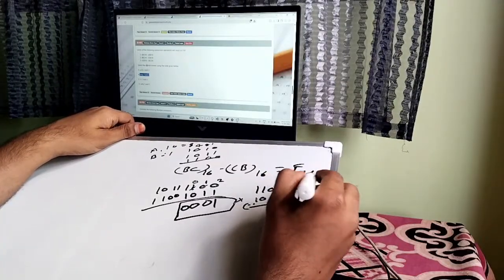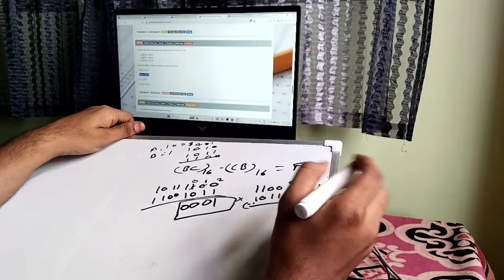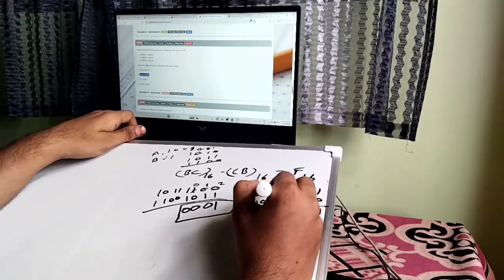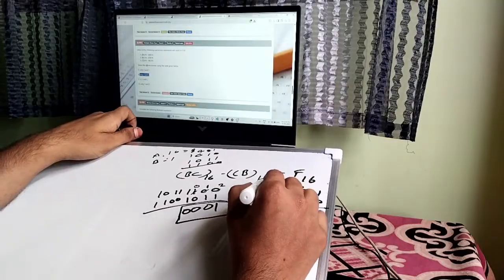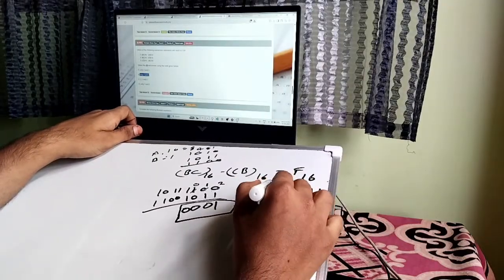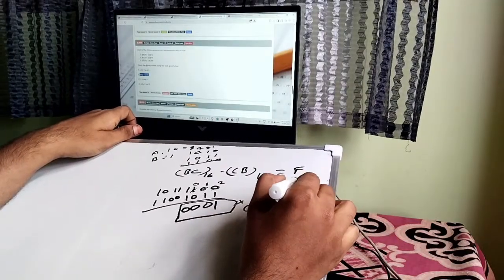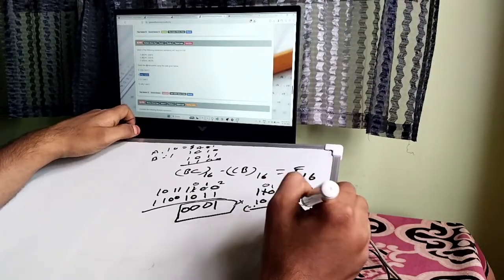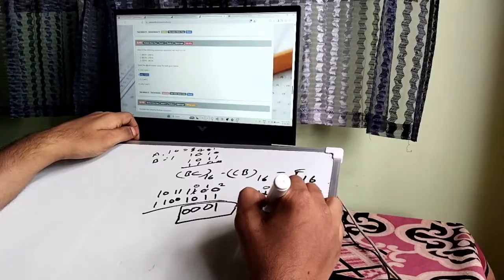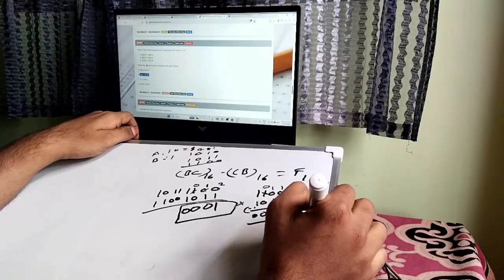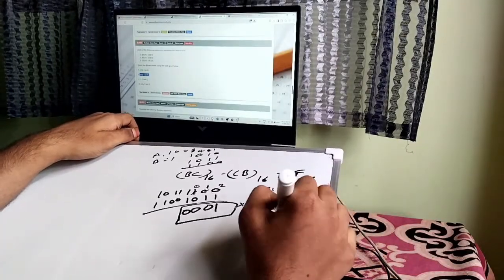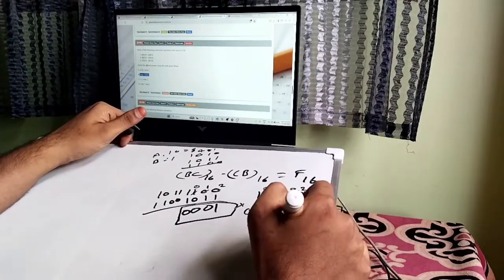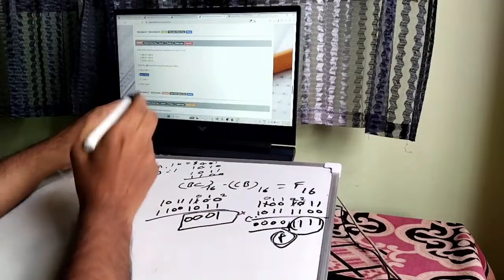It will become 0 here and 2 there. 2 minus 1 is 1. The result is 0, 0, 0, 0. So yes, it is F. That's the only way. We already know A is correct, so I can say D is the answer.